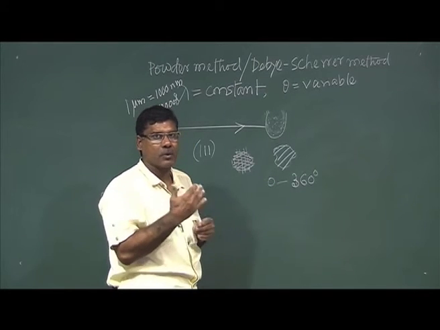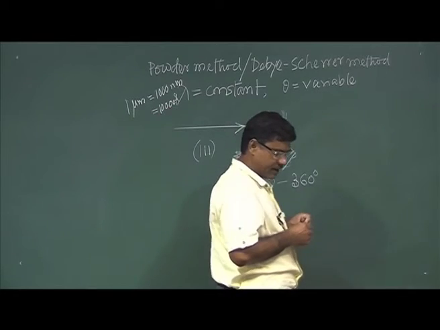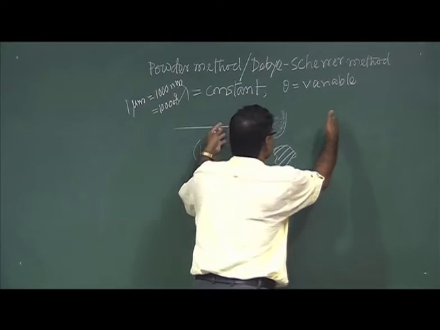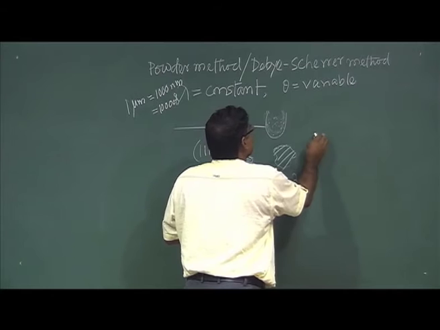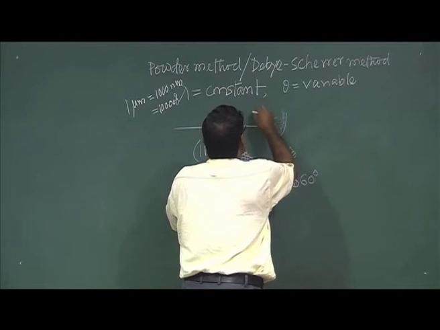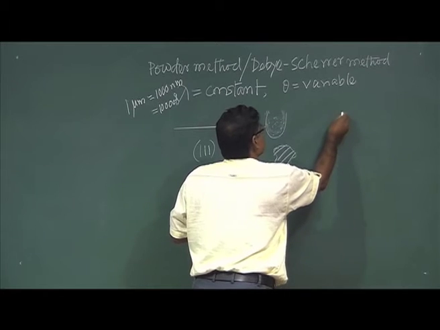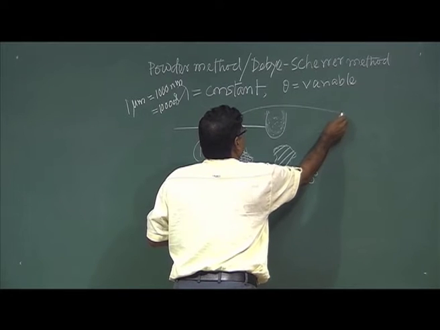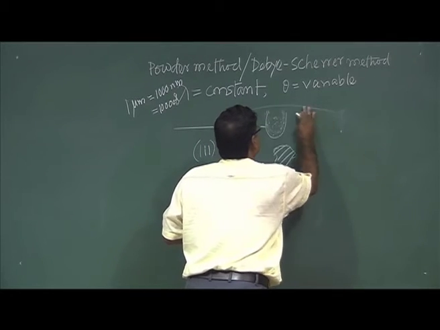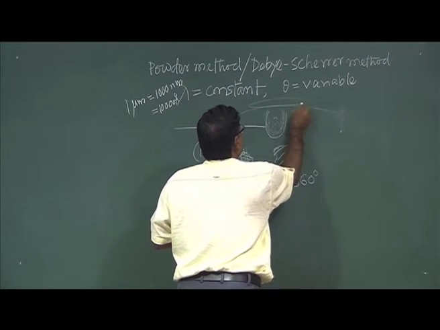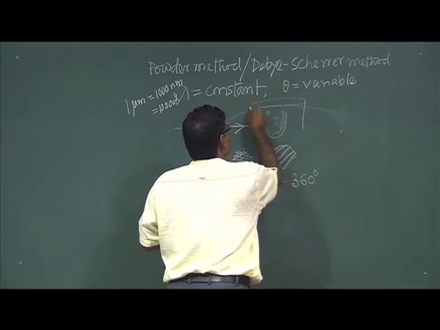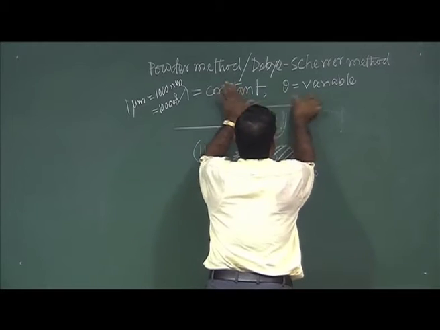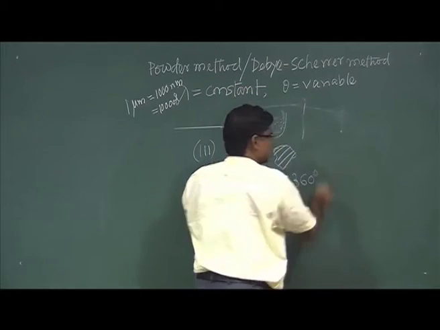I will discuss in terms of a photographic plate. Here the photographic plate is placed, again in cylindrical form, but with small width. So what I want to say is, it is not cylindrical, it is circular form.